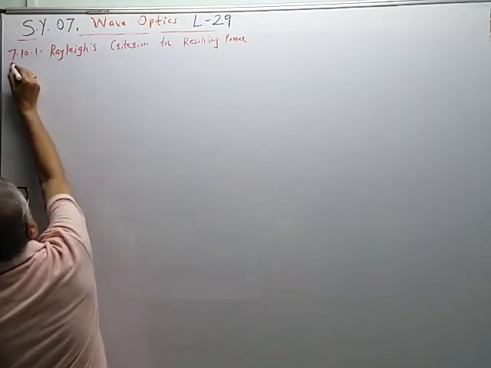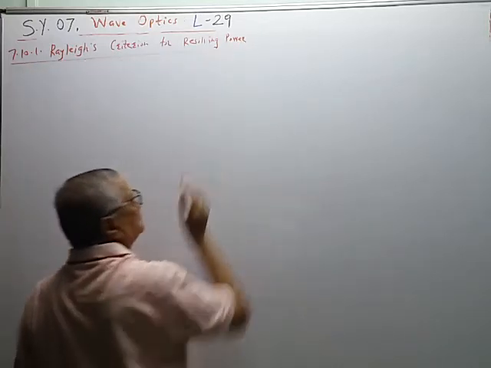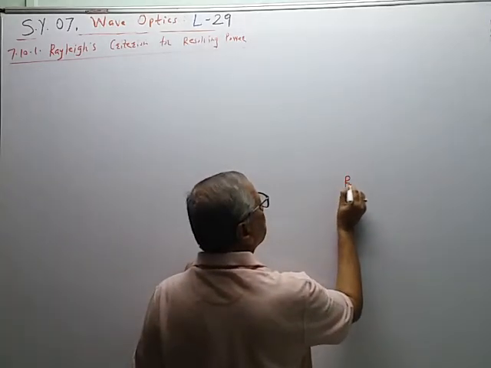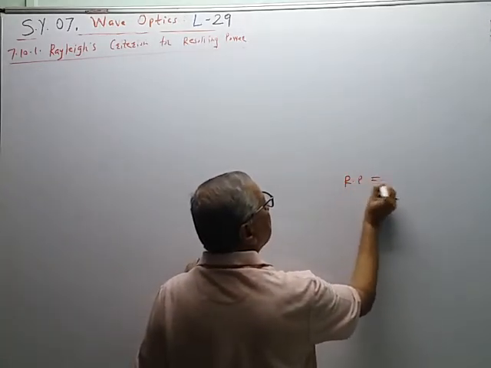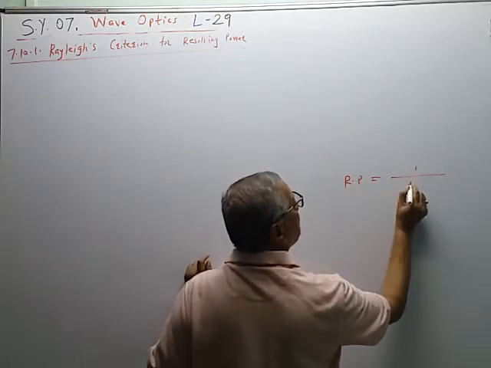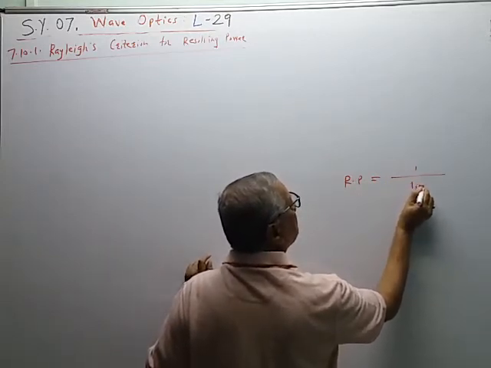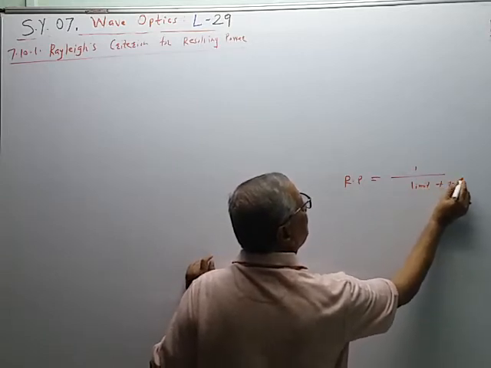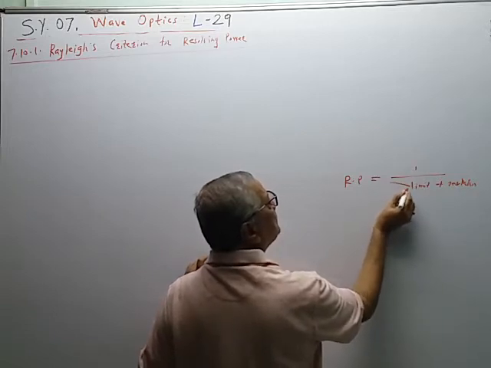In general, we know that the resolving power is inversely proportional to the limit of resolution. There are two types of limit of resolution.